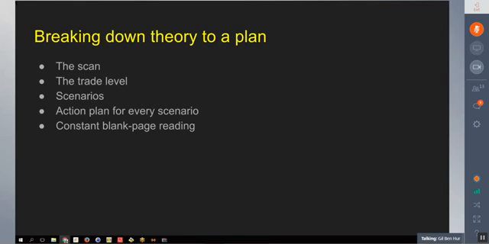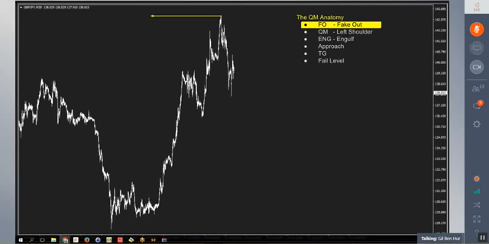now we take the Quasimodo and we need to break it down to a plan. How we're going to trade it and what we're going to do with it. First, we want to scan, to see the right things, and once we see it, we want to create our plan.